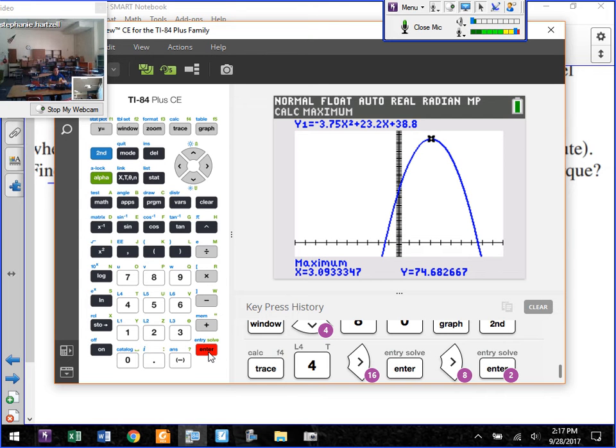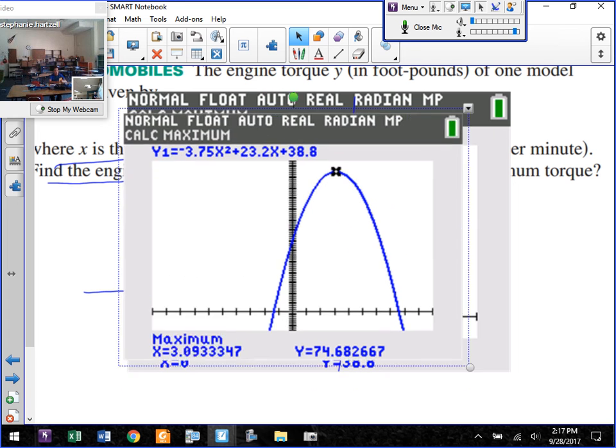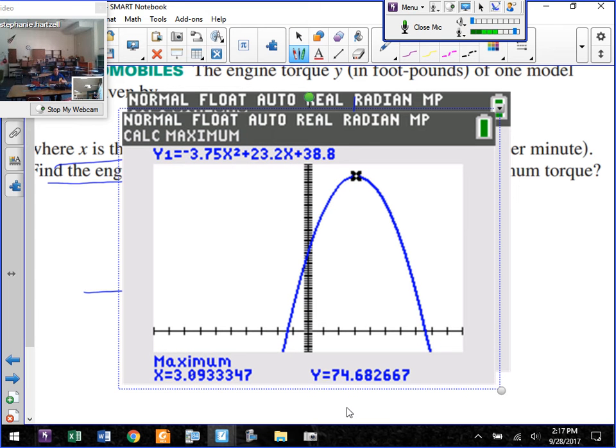That means your vertex is located at 3.09, 74.68. That relates to engine RPM and foot-pounds of torque.